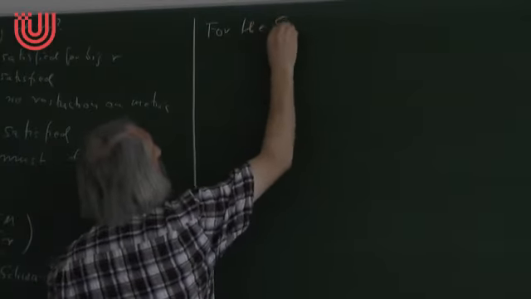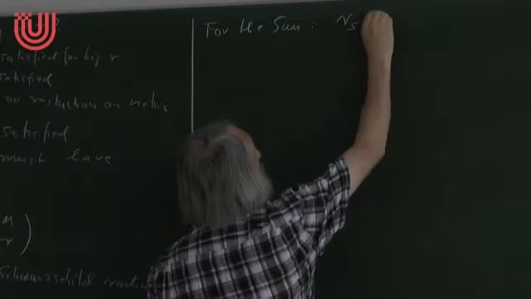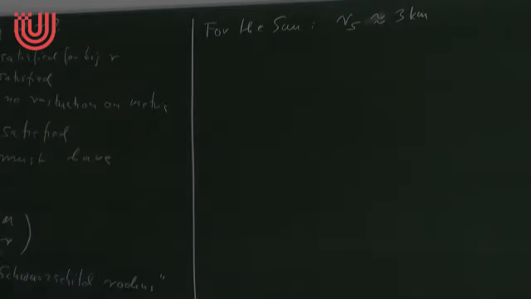So for the Sun, we get Rs approximately 3 kilometers. And of course, the radius of the Sun is much, much bigger than 3 kilometers. So this singularity is completely irrelevant for the Sun, because the solution is valid only outside the Sun, and there the R cannot become equal to Rs.